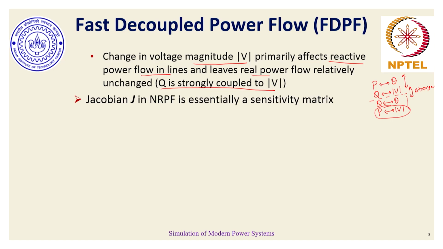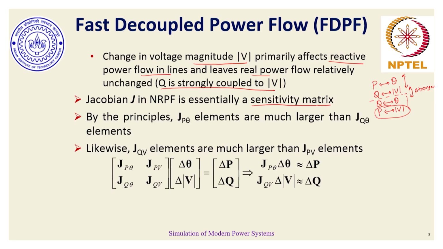So, as I mentioned, Jacobian is essentially a sensitivity matrix, and by first principles, Jp theta elements are dominant, in the sense comparatively in terms of magnitude, Jp theta elements are stronger or larger than Jq theta elements, and similarly Jqv elements are numerically dominant compared to Jpv elements.